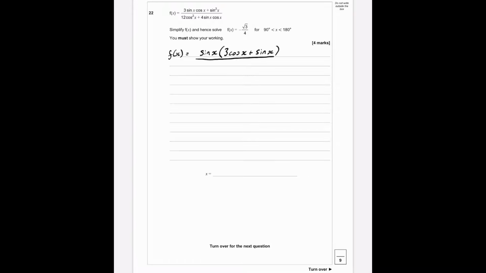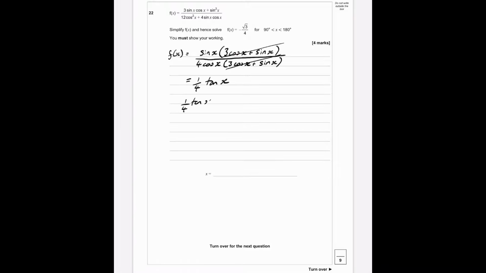I can take 4 cos x out of the denominator, so 4 cos x lots of 3 cos x plus sine x, which is a really nice cancellation. I can cancel the 3 cos x plus sine x with each other, like so, and that then leaves me with sine x over cos x, which is the tan x, and the 4's at the denominator, so it's a quarter tan x.